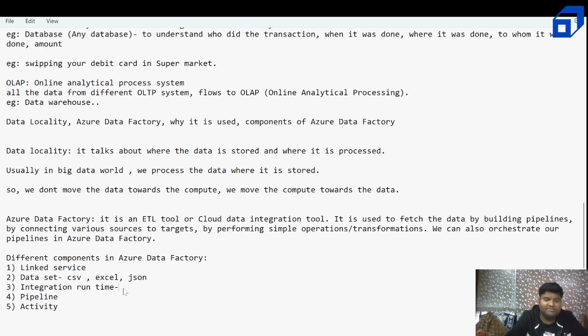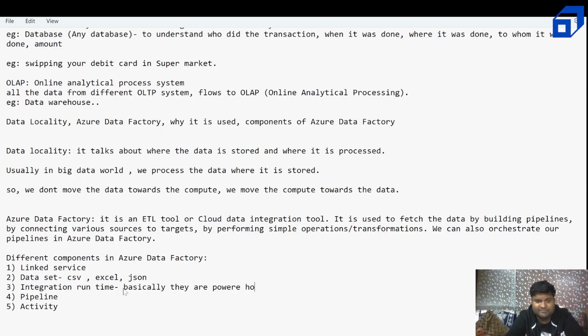Integration runtime, basically, they are powerhouses or fuel for our pipeline. They provide resources for compute.